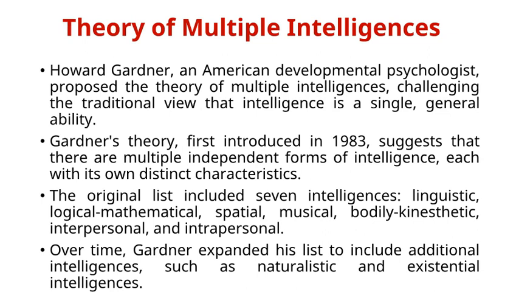The original list included 7 intelligences: linguistic, logical mathematical, spatial, musical, bodily kinesthetic, interpersonal, and intrapersonal. Over time, Gardner expanded his list to include additional intelligences, such as naturalistic and existential intelligences.